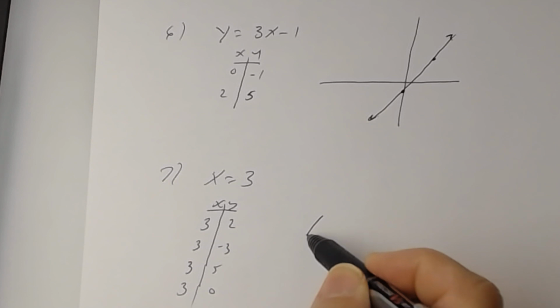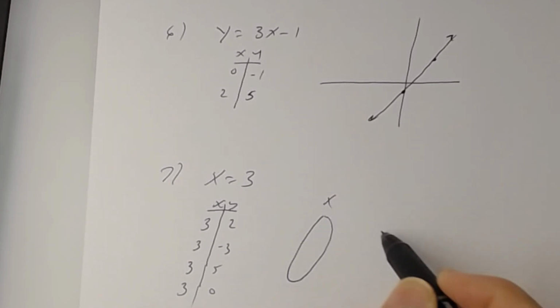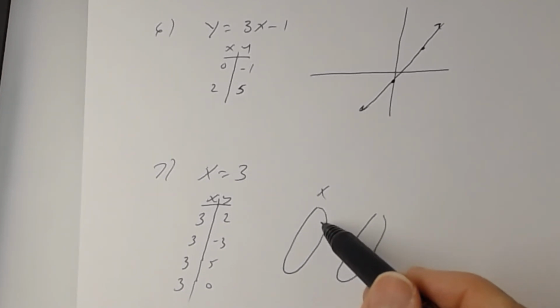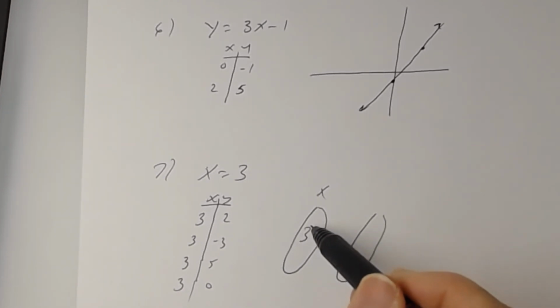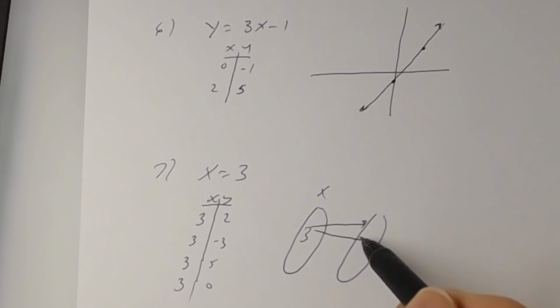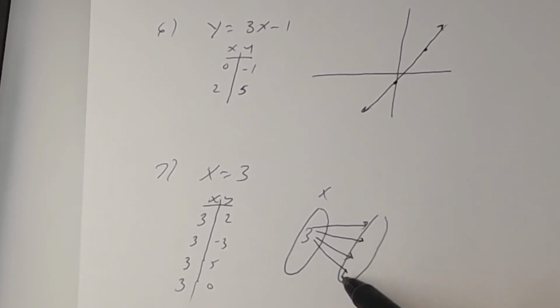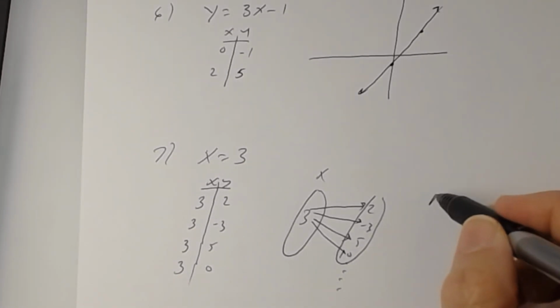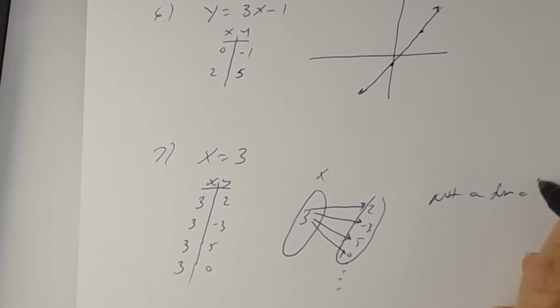Because if I look at this in terms of a mapping, there's only one value for x. What is it? 3. And how many values for y are there? An infinite number. 2, negative 3, 5, 0, and so on. So this is not a function.